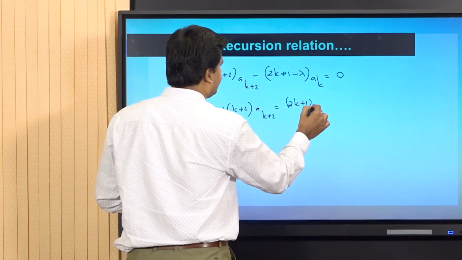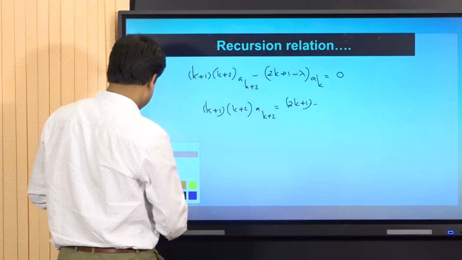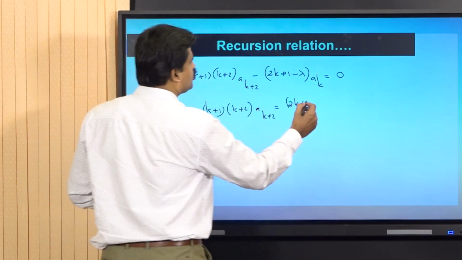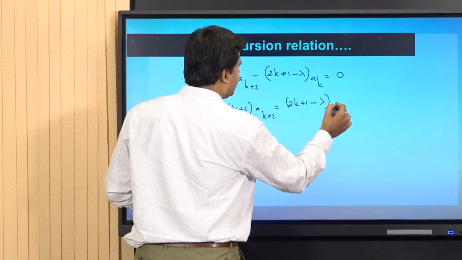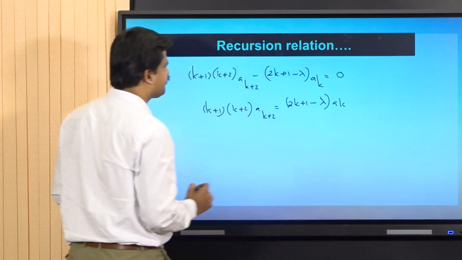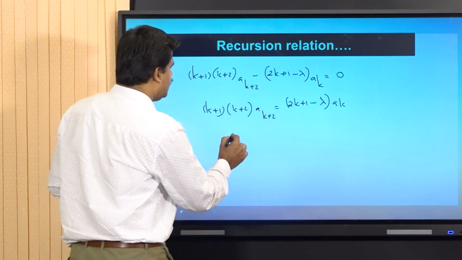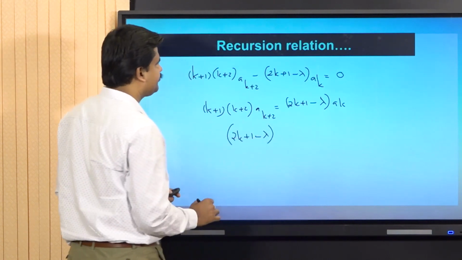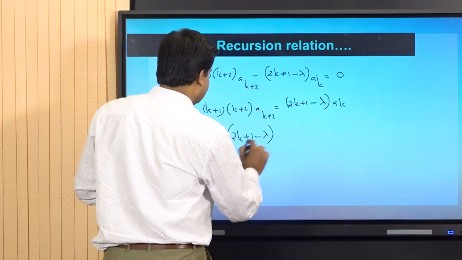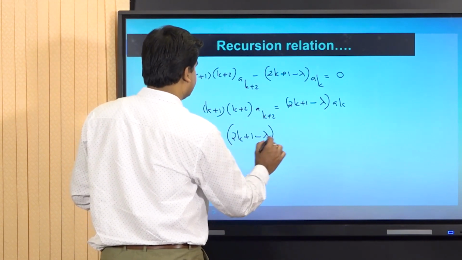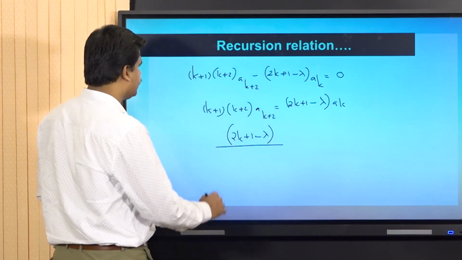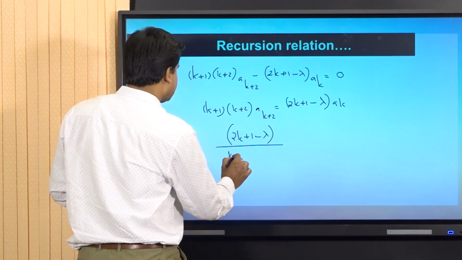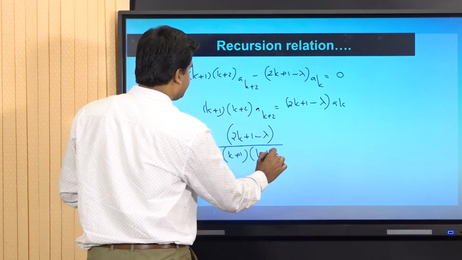2k plus 1 minus lambda, ak. Therefore, 2k plus 1 minus lambda divided by k plus 1 into k plus 2.